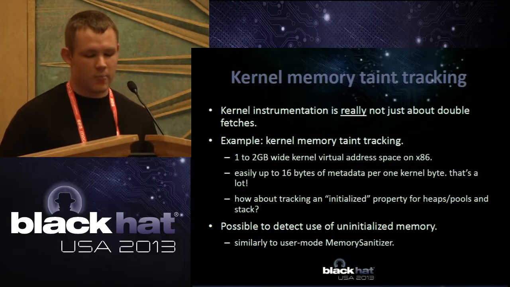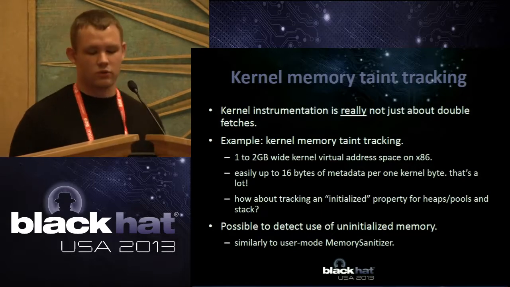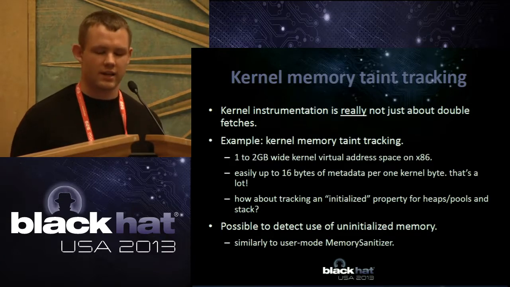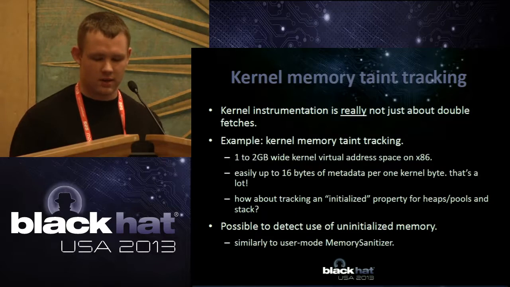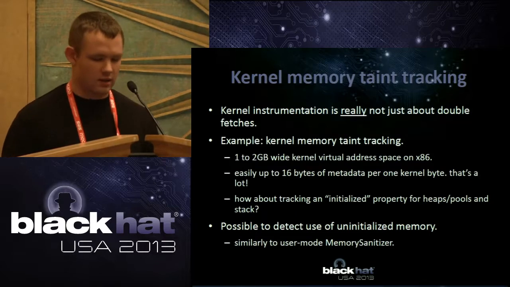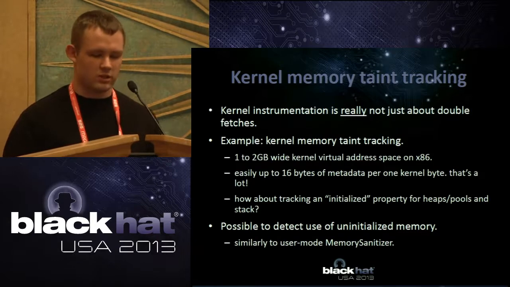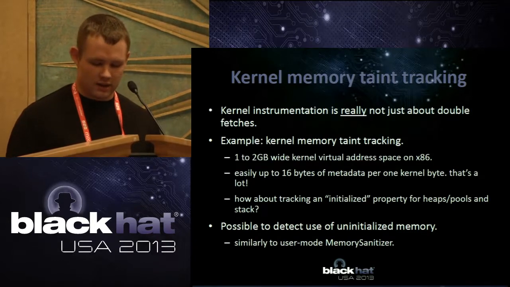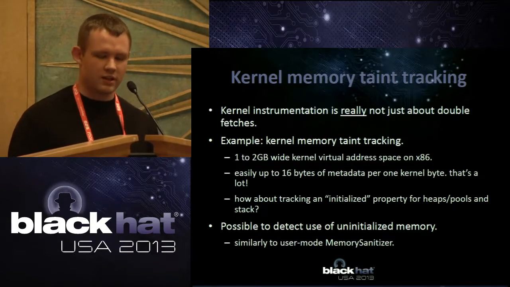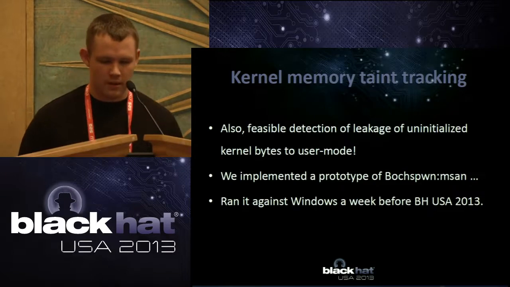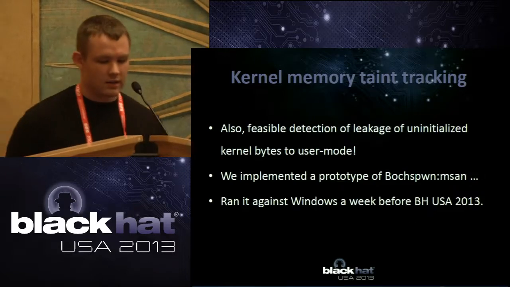So how about tracking the initialization property of heaps, pools and stack that reside in the kernel and trying to find some bugs using this? It turns out we could actually detect the use of uninitialized memory, which is analogous to what MemorySanitizer does in user mode currently. This is a very nice tool, which is an extension to Clang, by the way. So yeah, we could really do that.